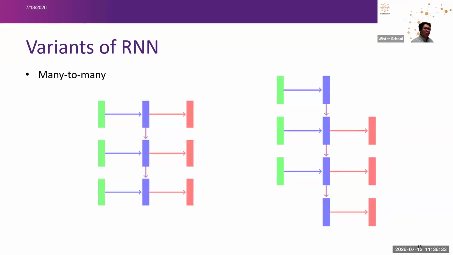If your final task is not just producing the final answer, we also have the multiple-output recurrent neural network, assuming every time step produces another output here. So it will summarize over the whole sequence at once.